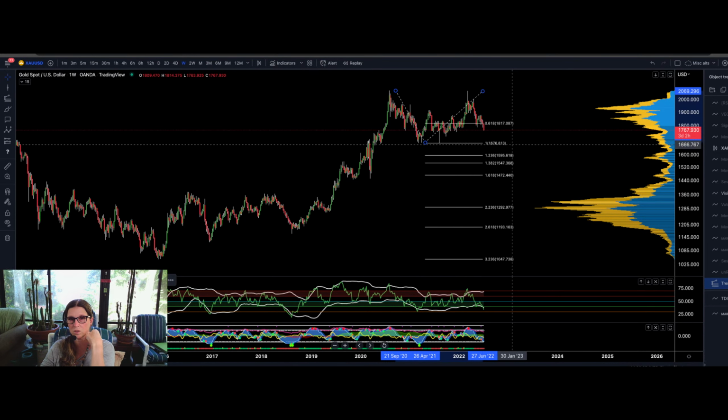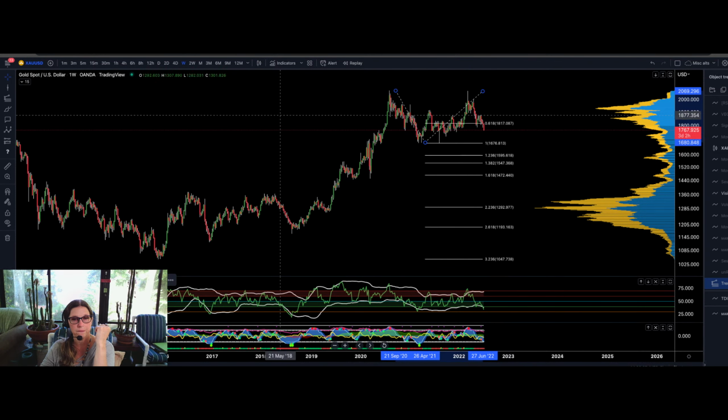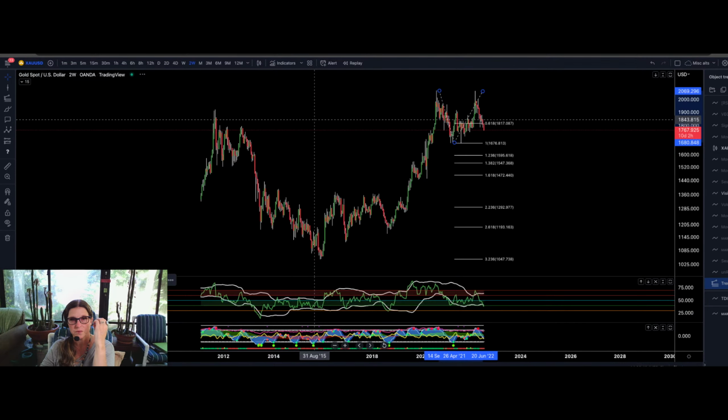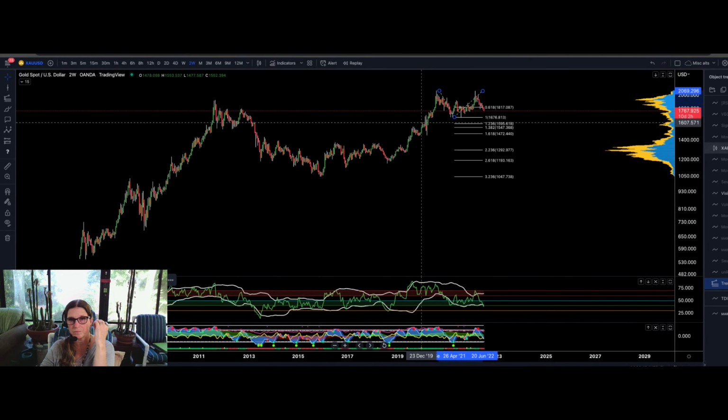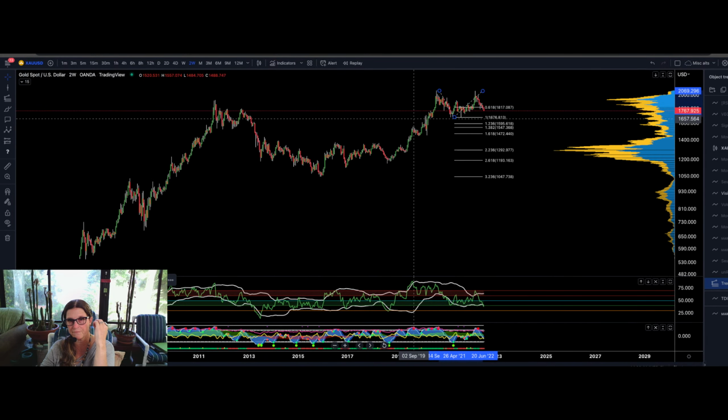It's probably going to the 1-to-1. It's already taken out the 618. All right, so 1-to-1 is it. If it doesn't hold it, then it's got to hold this area. That's the deepest I would want to see a fourth wave come. And like I said, it runs the risk.